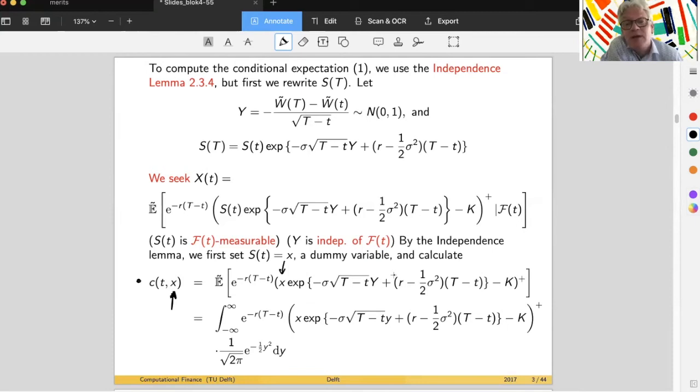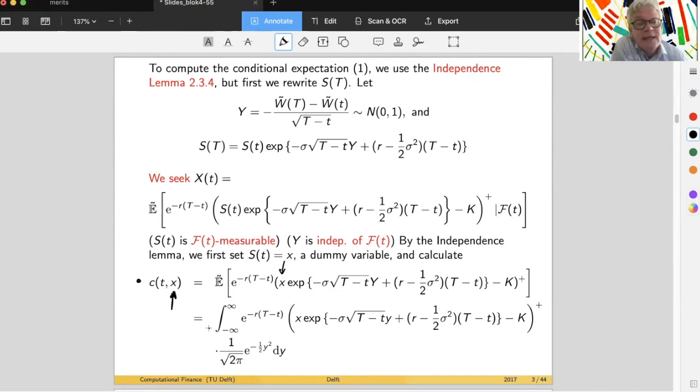Plus the other part just remains, r minus 1/2 sigma square, capital T minus little t. Then the exponent closes, minus k plus. And now this is a regular expectation, so we can just write it out. Let's do that.